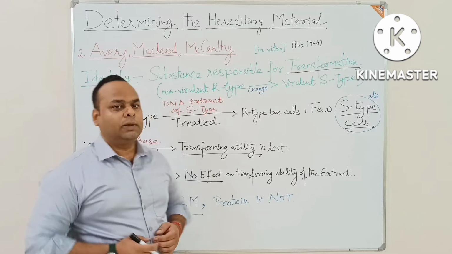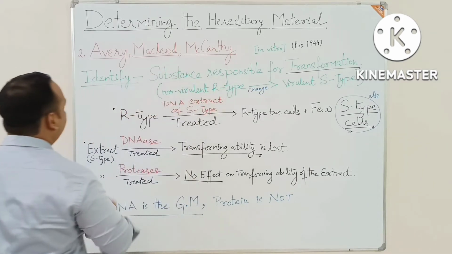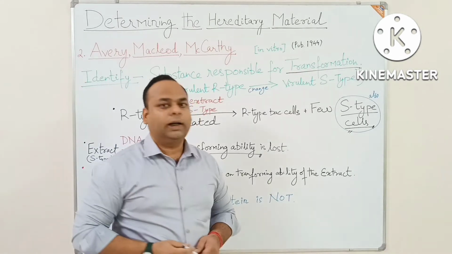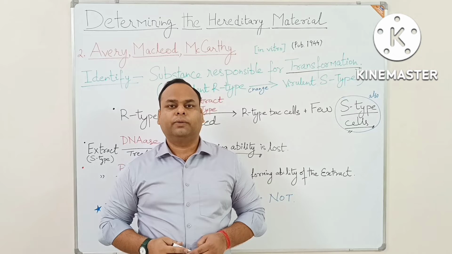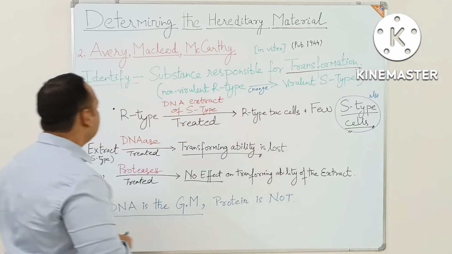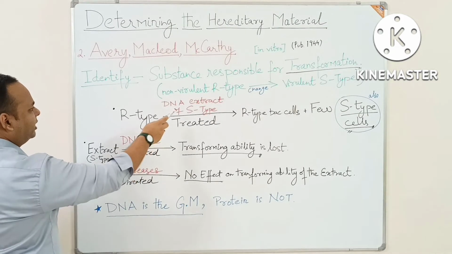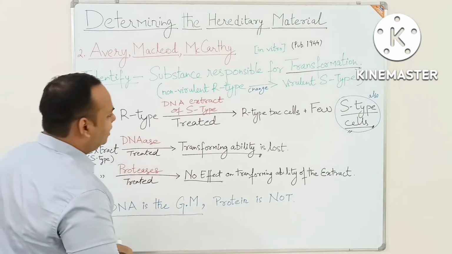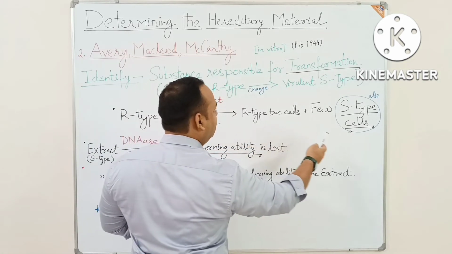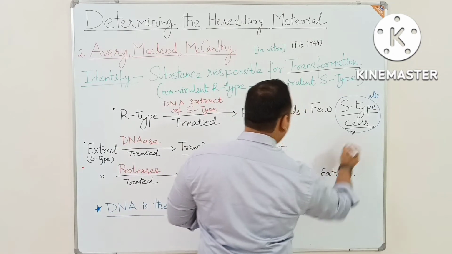The experiment done by Avery, McLeod and McCarty was done to identify the molecules responsible for transformation, that is, the phenomenon of transfer of characters from one strain to another. In this experiment, R-type bacterial cells were treated with DNA extract of S type. This resulted in R-type bacterial cells, and a few S-type cells were also isolated.